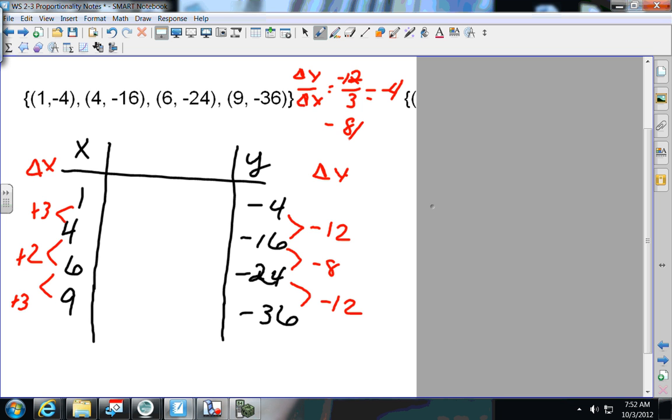I get negative 8 over 2, which is negative 4. They are the same. They are linear. The data is linear. It will make a straight line. So then I put this in here, negative 4 times the variable.